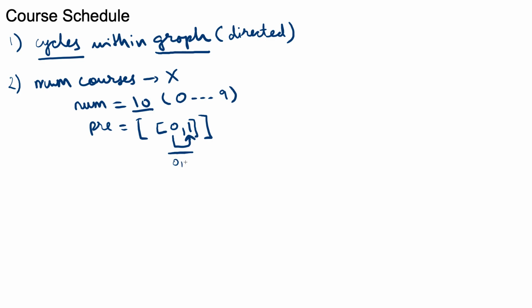So in this case only 0 and 1, and if they satisfy the condition, then we can take up all of the courses. Since 0 is dependent on 1, the user can take up course 1 and then 0, and then he can take the other courses also. So the answer will be true, and you don't need to worry about the remaining courses.